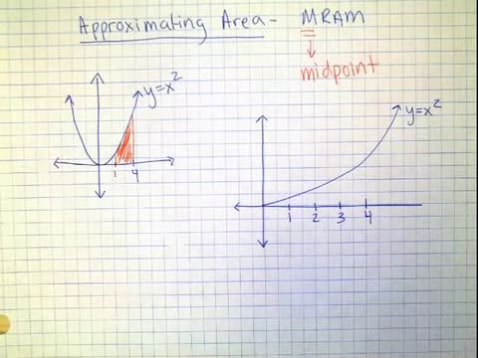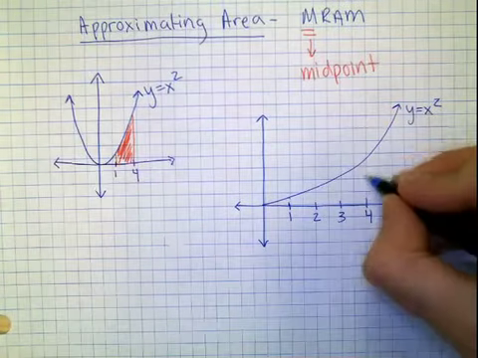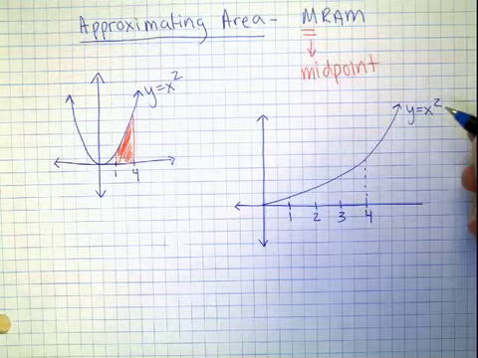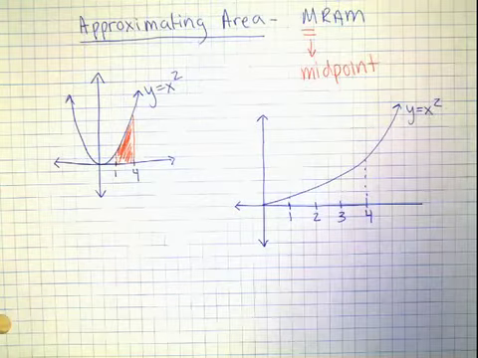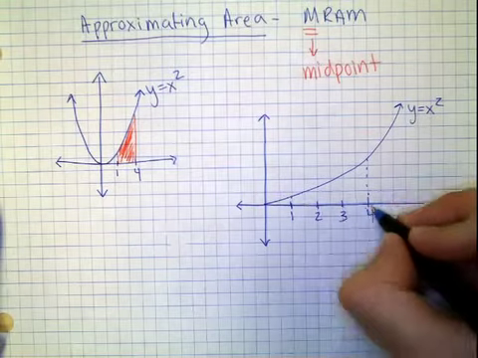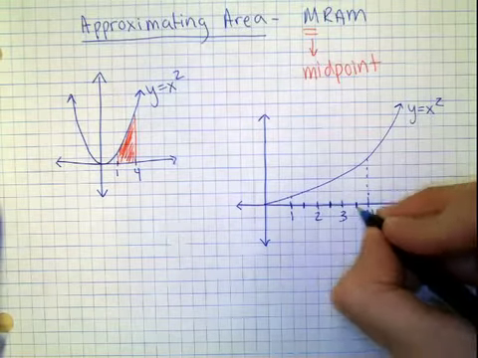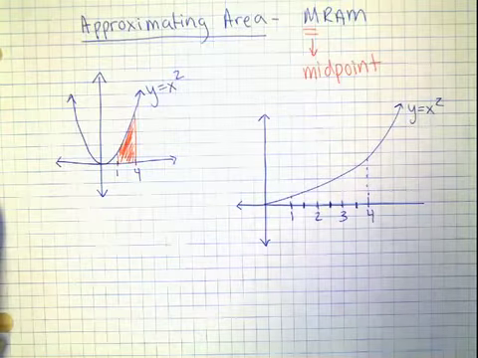We're going to build 3 rectangles under the curve from 1 to 4, and I'm going to do it using all the midpoints. So instead of using 1 and 2 and 3 and 4, I'm going to use 1.5, 2.5, and 3.5. Those are your midpoints.